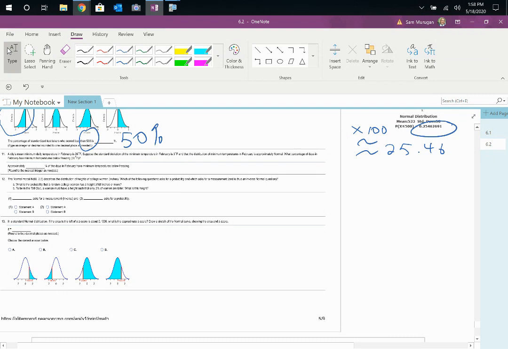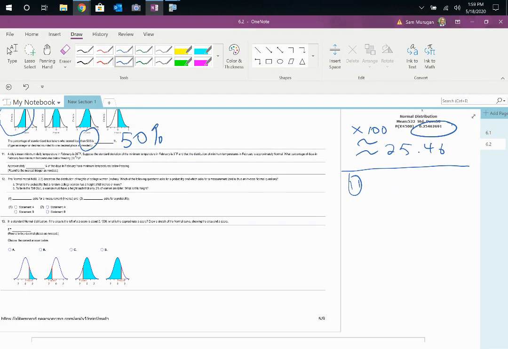All right, number 11. A city's mean minimum daily temperature in February is 26, and suppose the standard deviation is 3. The distribution is approximately normal. What percentage of days in February has a minimum temperature below freezing, 32 degrees Fahrenheit? You can do this with the calculator or with StatCrunch, whichever one makes you happy.